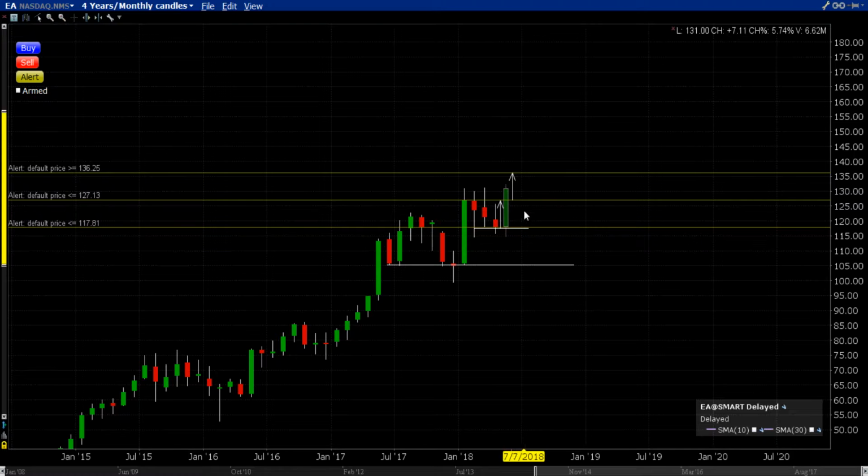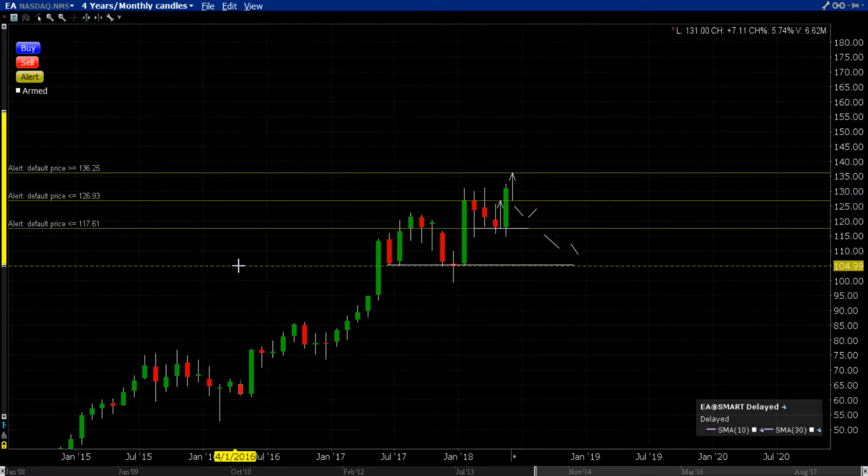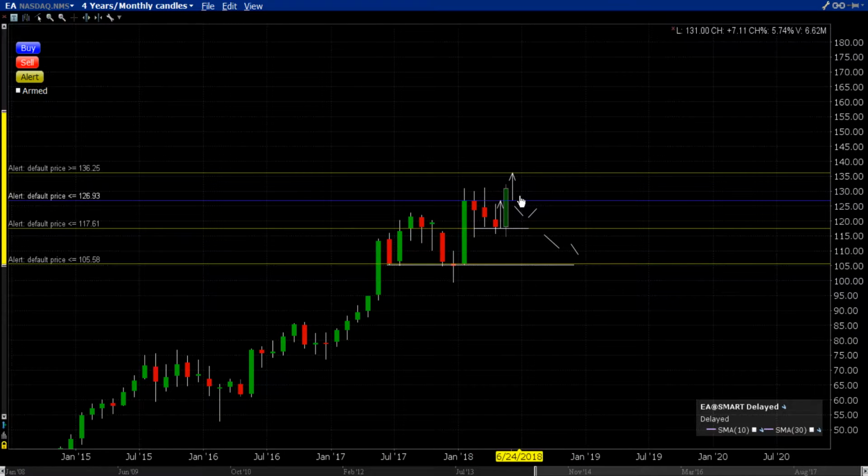Could be price action, could just go back down here, test the support at 117, 118, could break down all the way and test this more important support right here at the 105. So a whole bunch of things could happen. But right now we're here, and to make sure you don't get trapped, the best move is to wait for the monthly candle close right there.